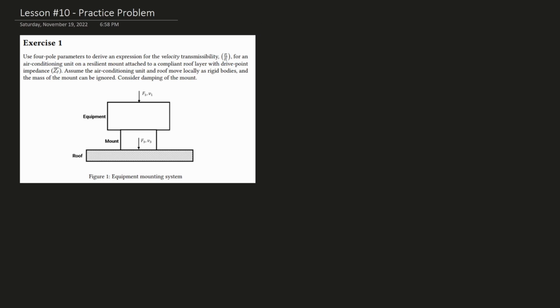So in these types of four-pole parameters problems, it's always a good idea to begin by drawing a simple system diagram of what's going on in the problem. So we'll note that we have an input force and velocity, F1, V1, and these are exciting our piece of equipment.